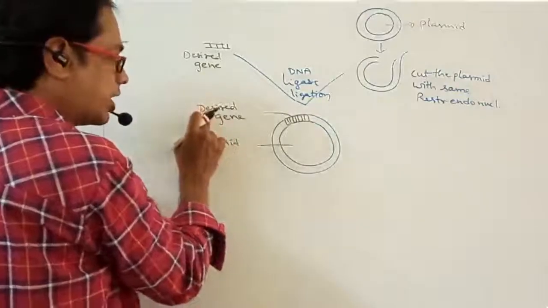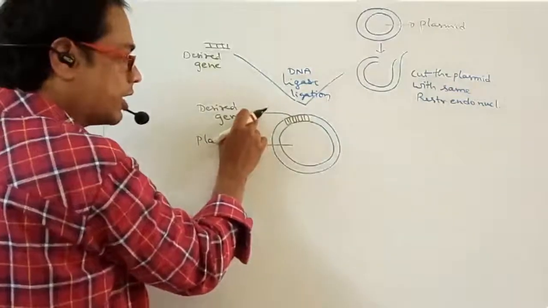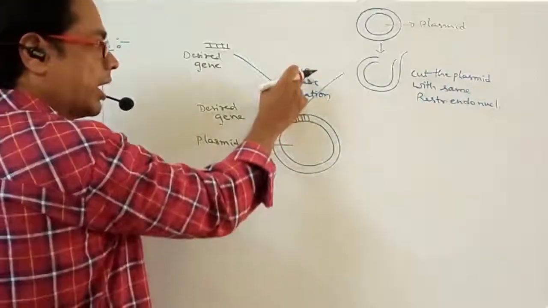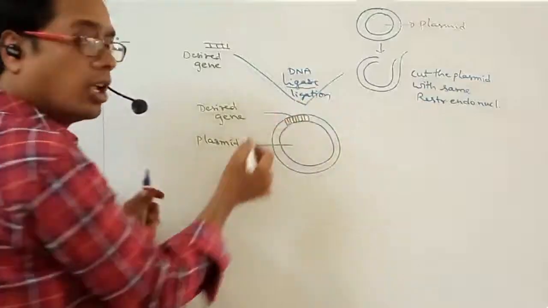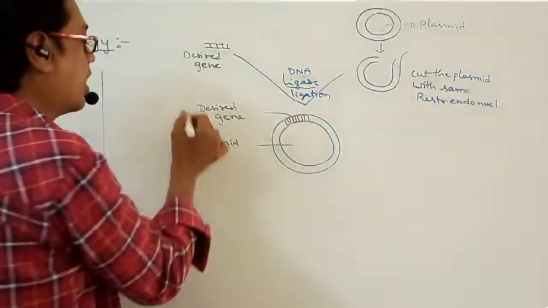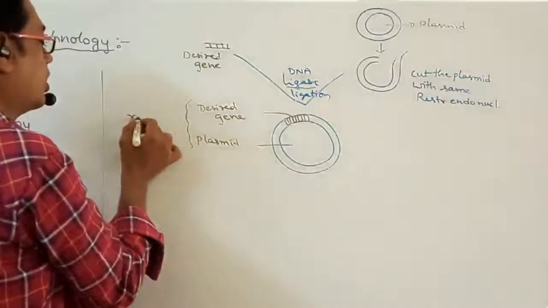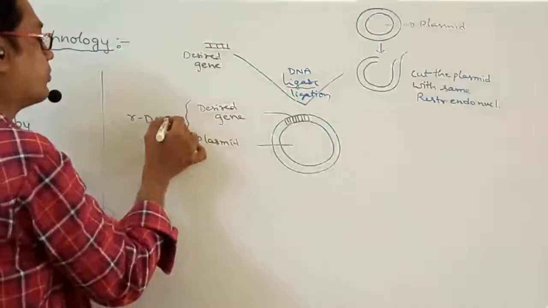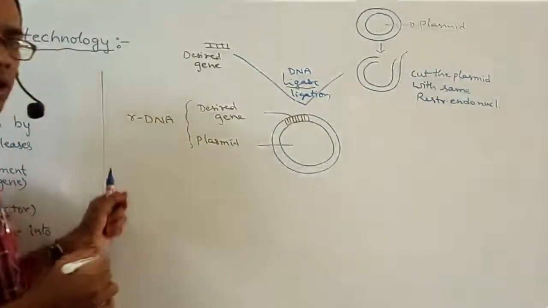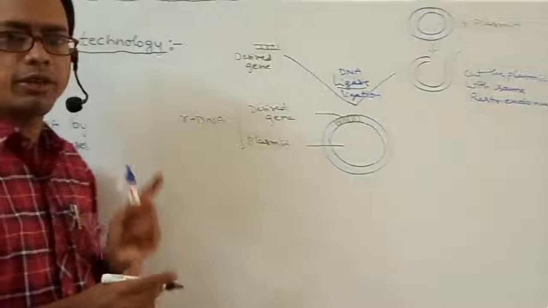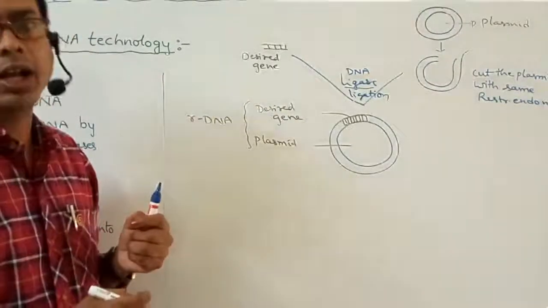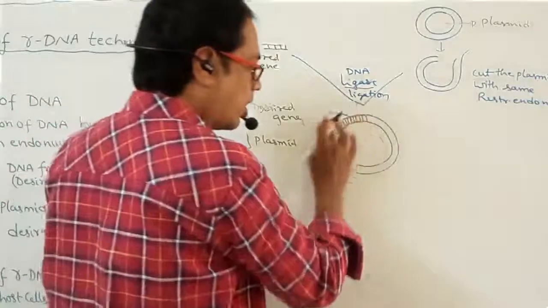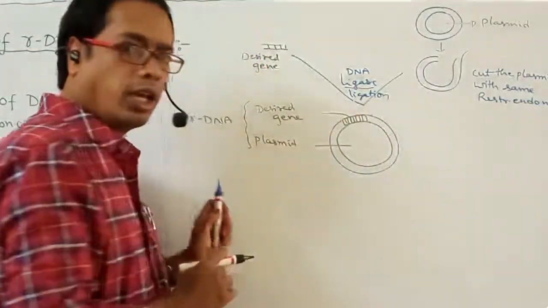The desired gene is combined with the plasmid with the help of the enzyme DNA ligase, the process called ligation, and the obtained structure is called rDNA. rDNA full form means recombinant DNA, also called chimeric DNA.